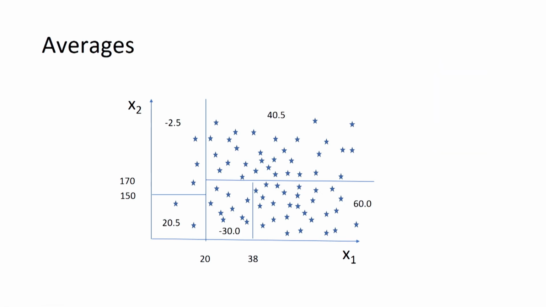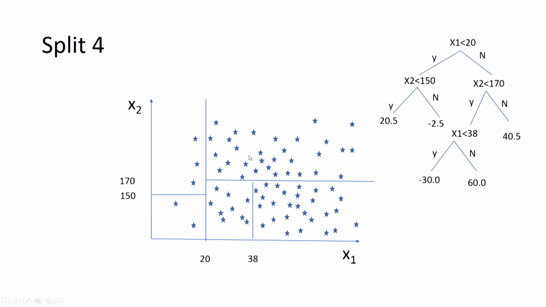You see here these are the average values of the response variables of all the data points belonging to that group. We now put those values in the corresponding leaf nodes.